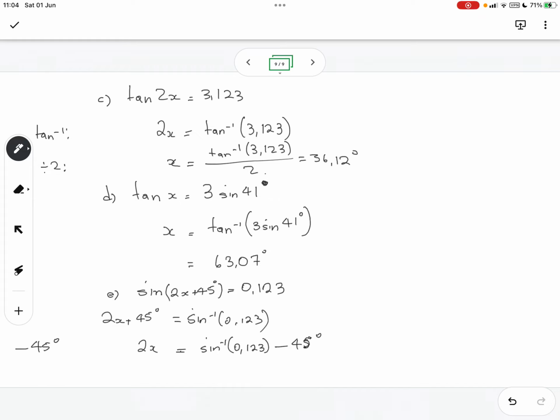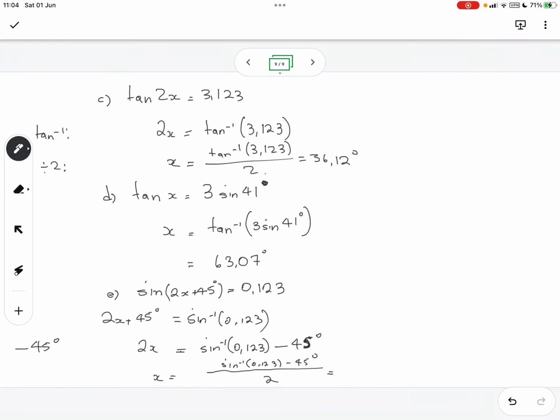Do you get it? We subtracted 45 on either side of the equation, and then x is going to be that whole thing divided by 2.